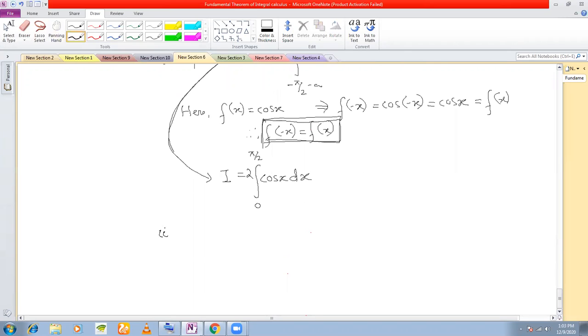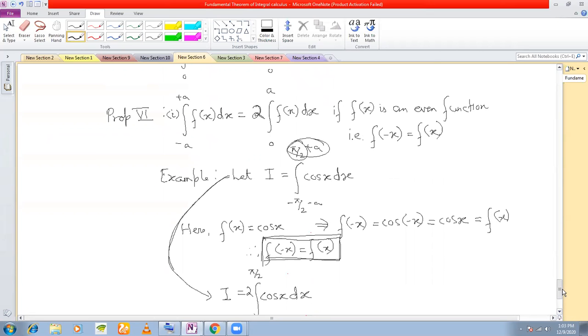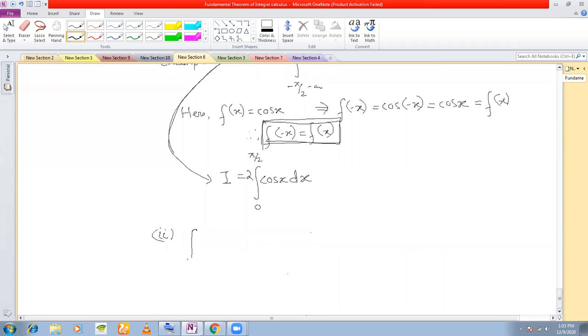And the second one is very important, and also very interesting: the integral from minus a to plus a of f(x) dx is equal to 0, this vanishes if f(x) is an odd function.